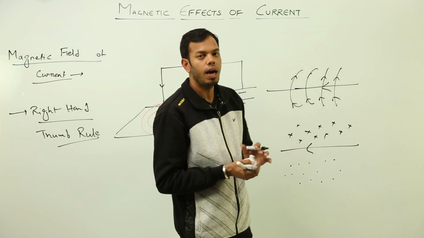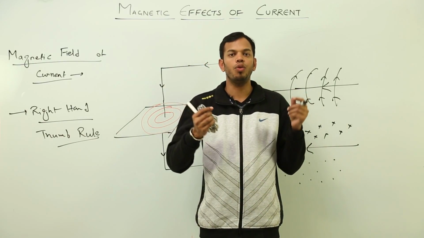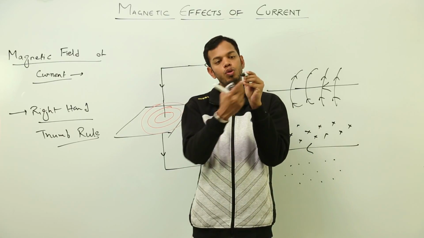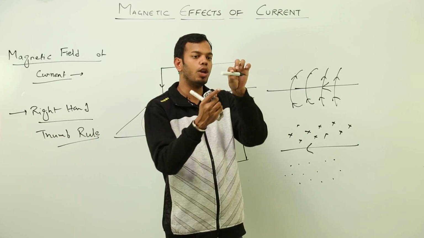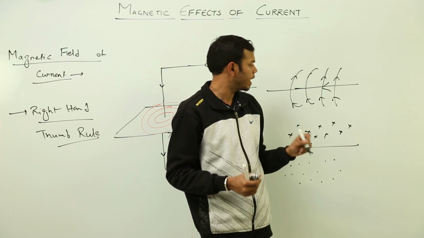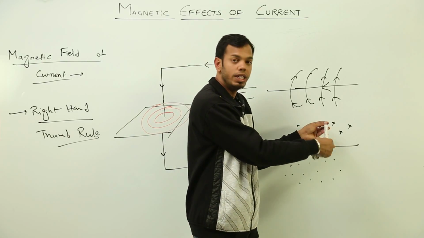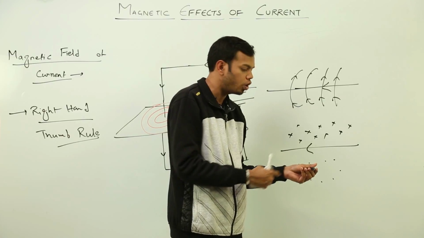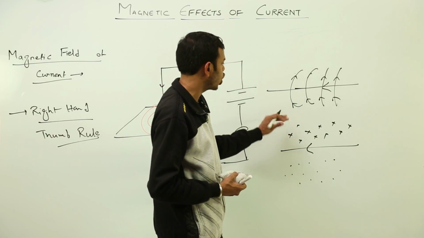When you see an arrow which you fire, if the arrow is coming towards you, you will see only the circular tip, which is like a dot. But if the arrow is going away from you, you will see the cross behind it, right? So when something is entering the surface, you will see a cross, and when it is emerging out, you will see dots. That is why the magnetic field is represented in terms of dots and crosses.